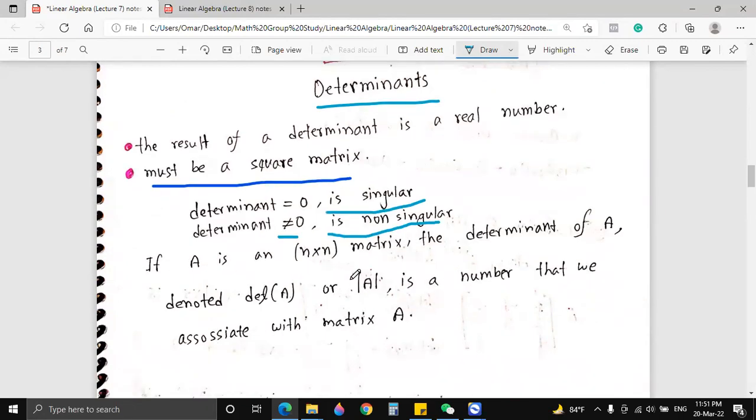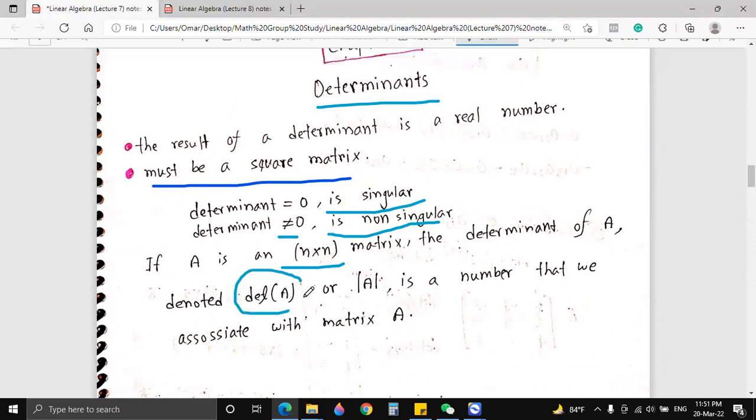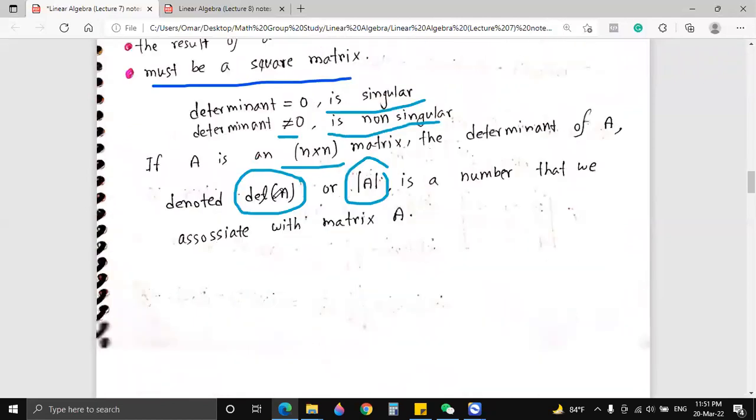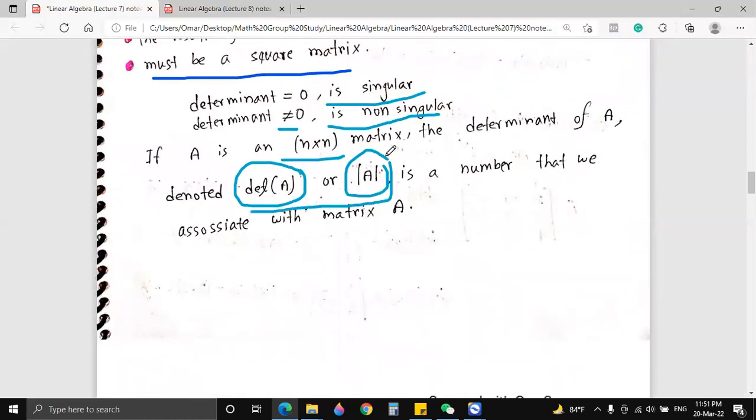Okay, so if A is an n by n matrix, that means a square matrix, the determinant of A, we can write down as det A, or determinant of A, or this kind of absolute value sign, or modulus A, is a number that we associate with a matrix A. So you can write down the determinant in these two forms: det A or absolute value of A, I mean the modulus A.